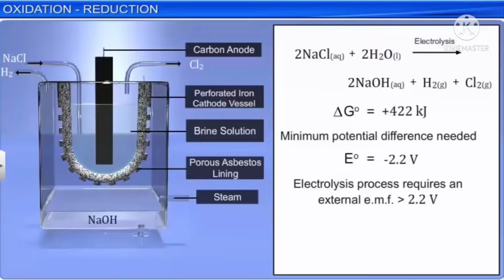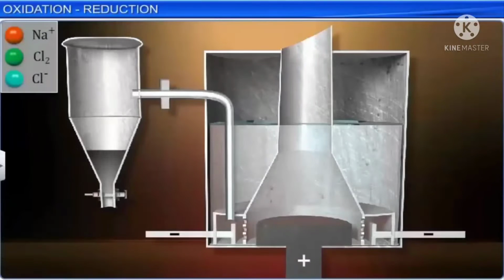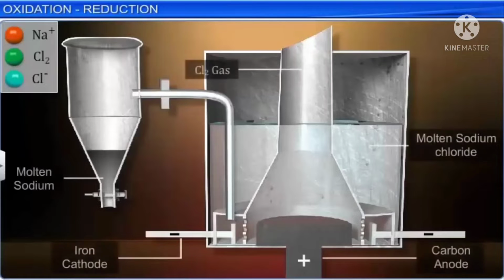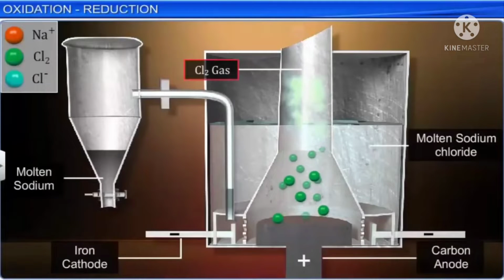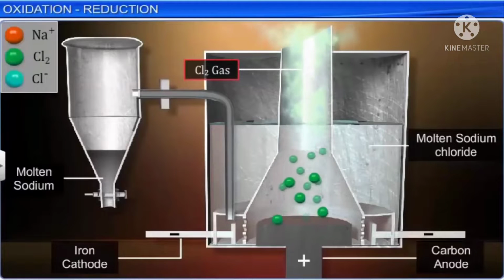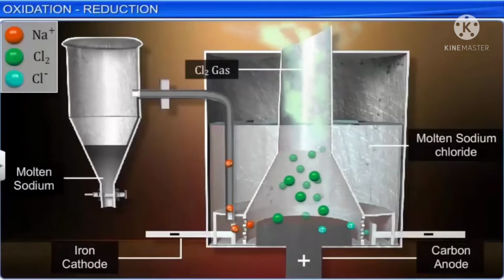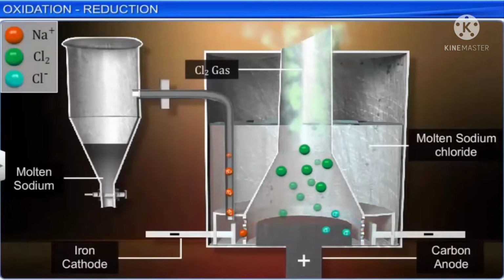In the process, chlorine gas liberates at the anode. Hydrogen and sodium hydroxide are the byproducts. The electrolysis of molten sodium chloride also produces chlorine gas at the anode and sodium metal is deposited at the cathode.